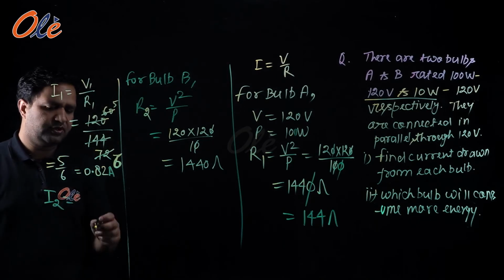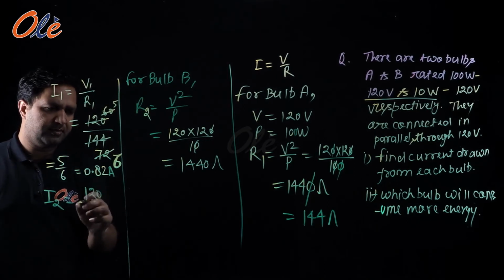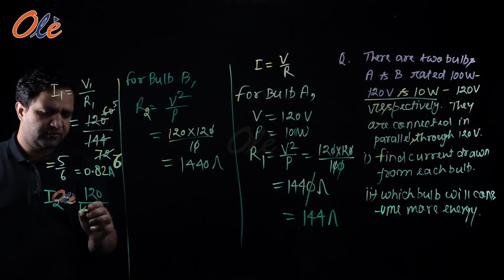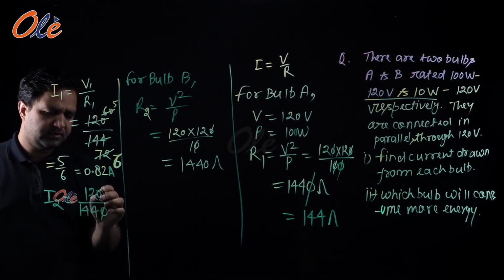I2 is equal to V2 upon R2. 120 upon R2 is 1440. This will be cancelled out.